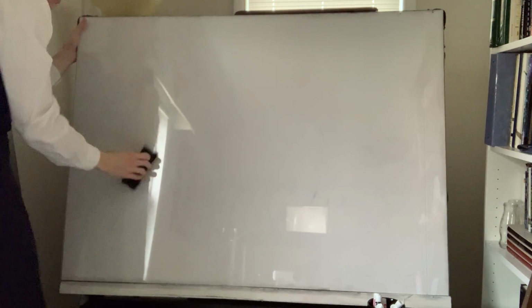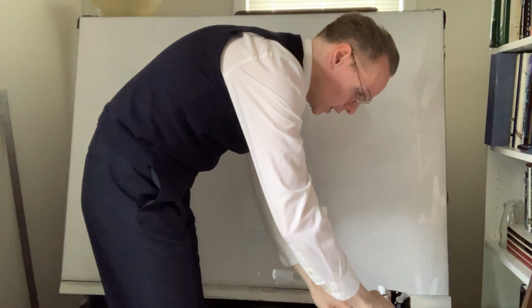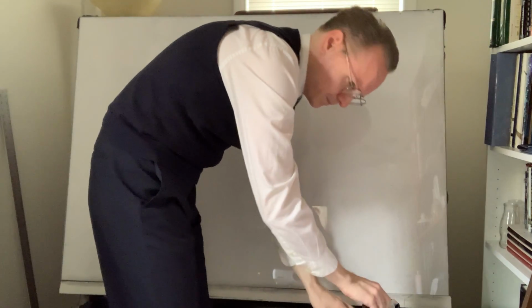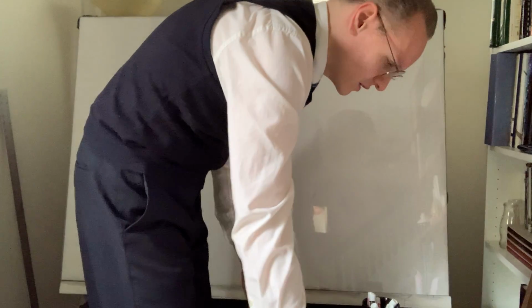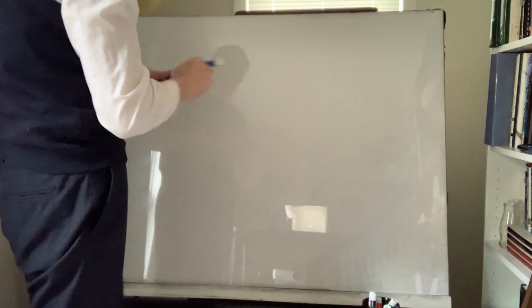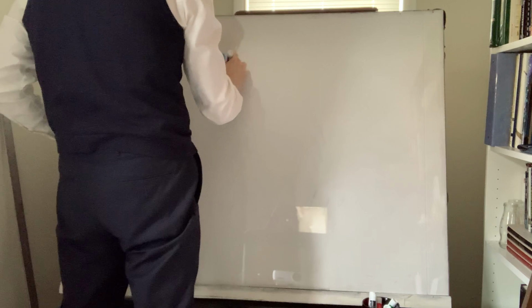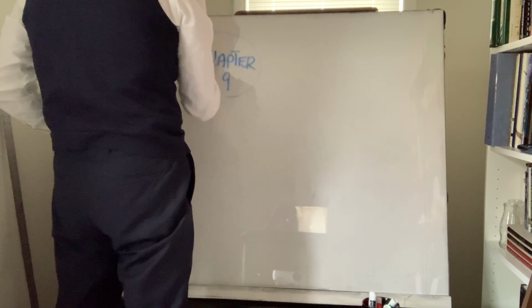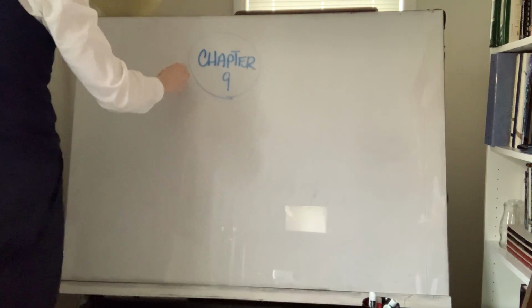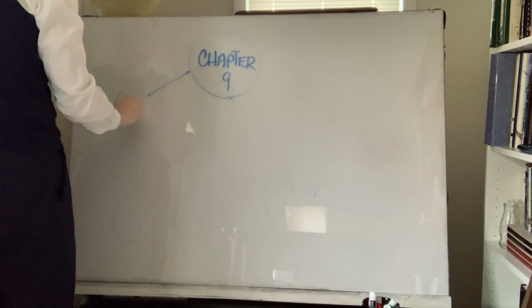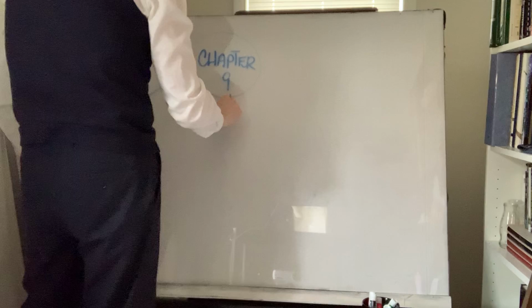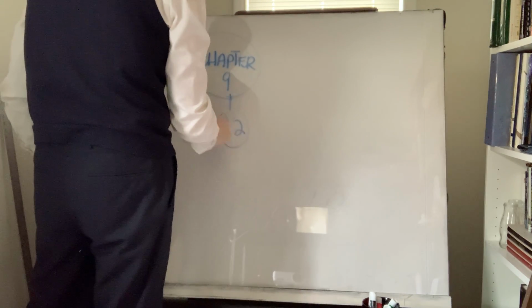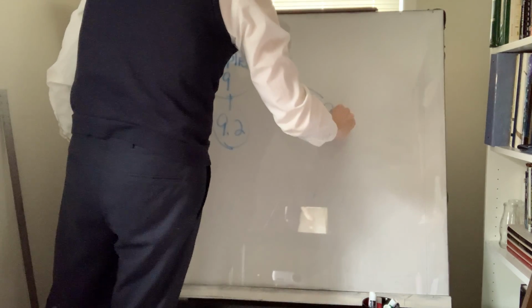This is the plan for chapter 9, which is only 3 sections. It's going to consist of these parts, and I'll keep reiterating this. Chapter 9 will consist of section 9.1, which we're doing today, section 9.2, and section 9.3.